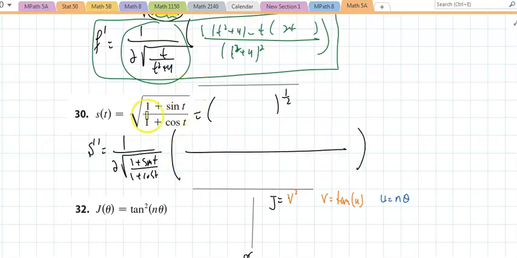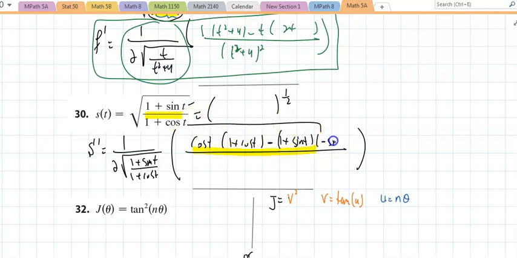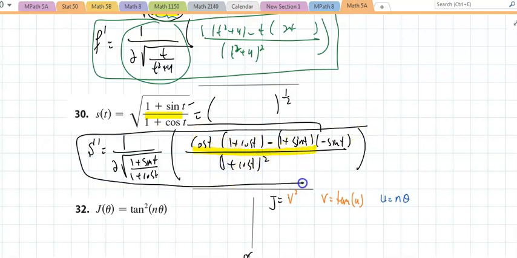Well, the derivative of the inside requires the quotient rule. Derivative of the top is the cosine of t, times the bottom, minus the top times derivative of the denominator, which is negative sine of t, all over the bottom squared. And that would be it for a test. On the homework, you're going to clean that up.